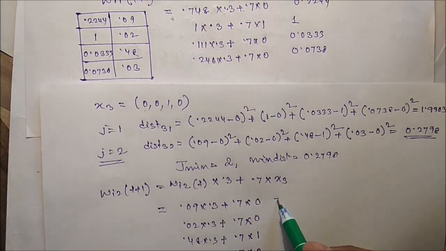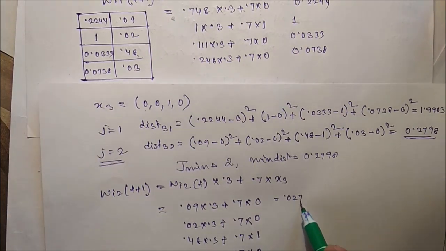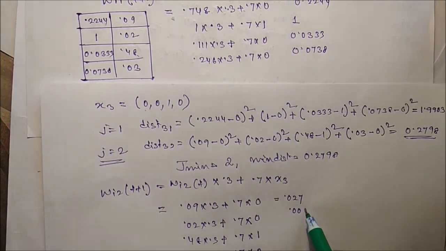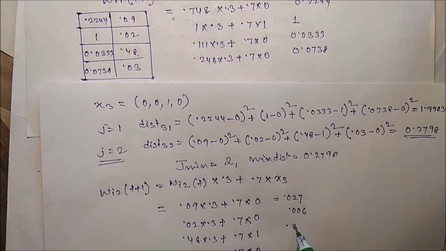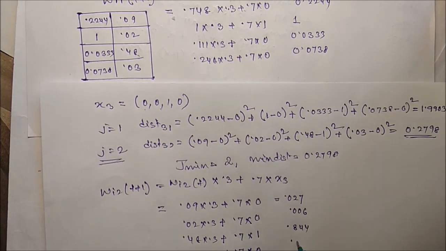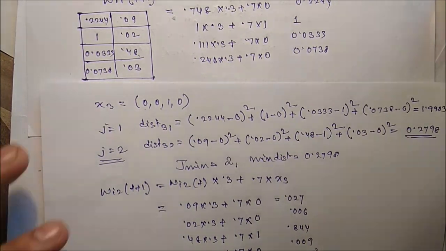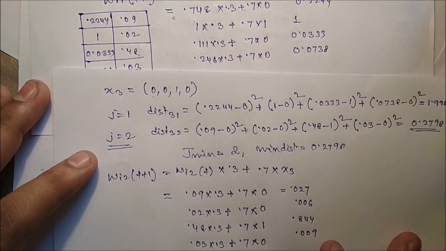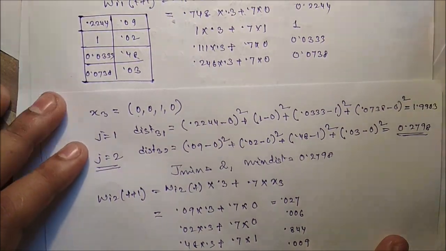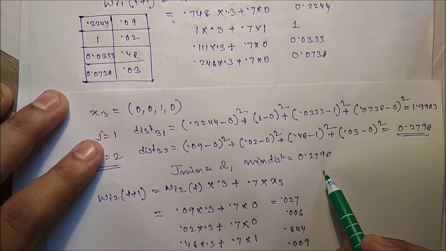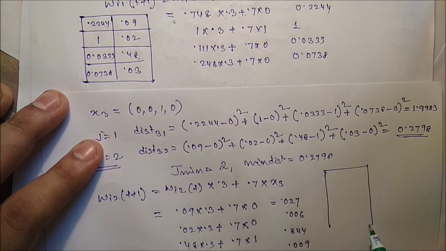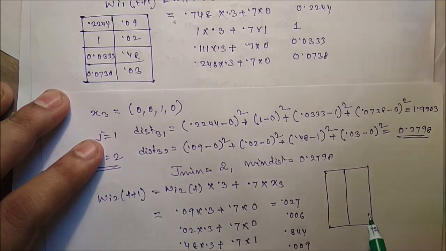The answer will be 0.027, 0.006, 0.844, and here it is 0.009. Okay, and the updated weight will be what? Updated weight will be, here we have to keep as it is the first column.